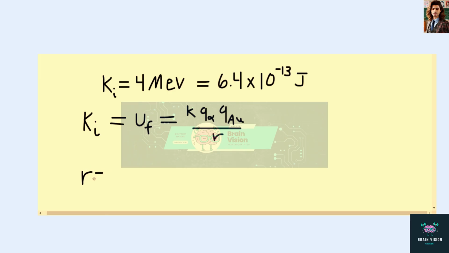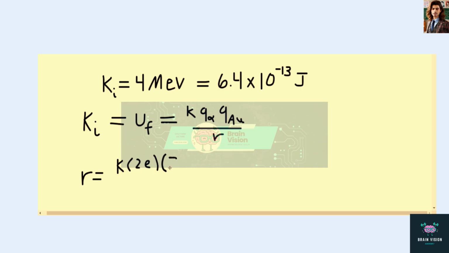We find that R is equal to the constant K, which has the value of 8.99 times 10 to the 9 newton meter squared per C squared. We multiply this by the charge of the alpha particle.